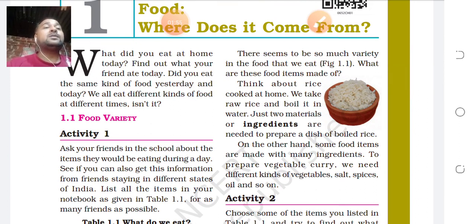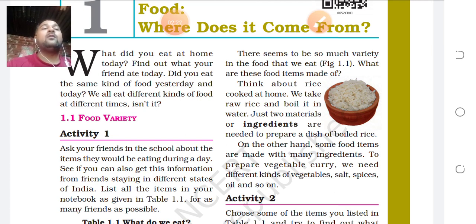There seem to be so many varieties. See, many kinds of food varieties are available, and the first question that comes to our mind, whatever dish we see, whatever vegetable we see, is what kind of material we use. Here is one example. For preparing rice we use rice and water.